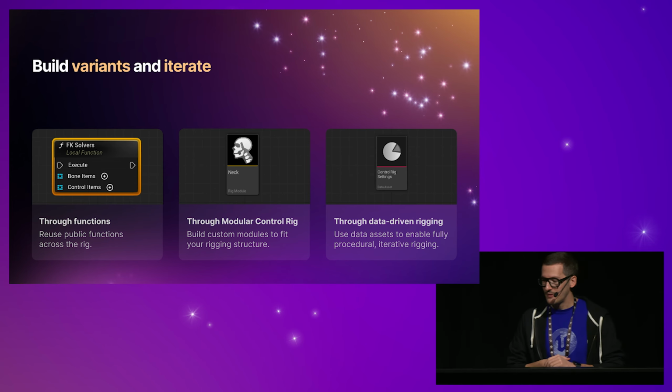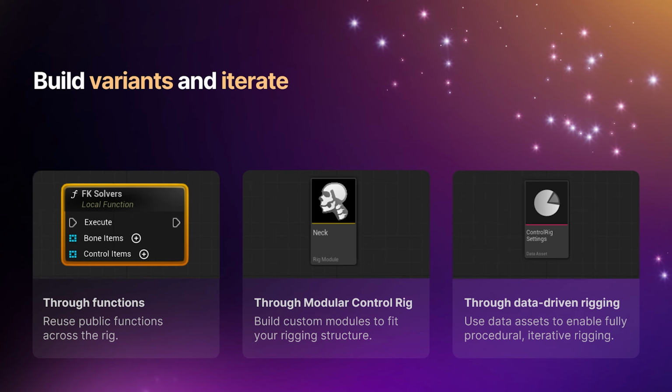And then you can have the data-driven rigging. This is based on data assets, and you're just exposing attributes, for example, or specific features that you want to enable or not on another mesh. Let's say, do you want it to have 2 legs or 4 legs, etc. So it's fully procedural and dynamic, so it's a bit more complex.